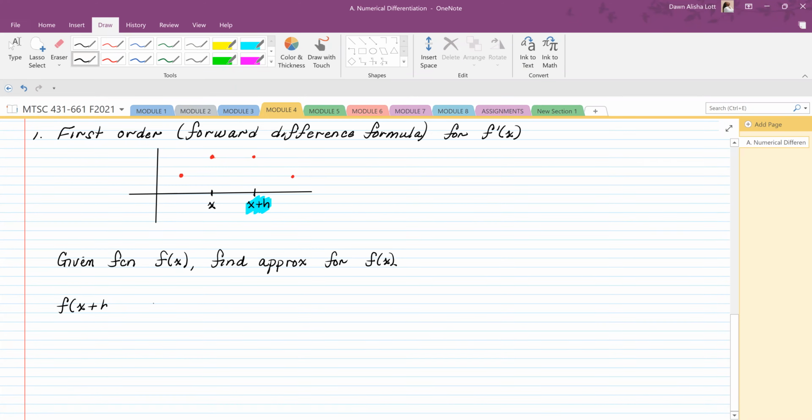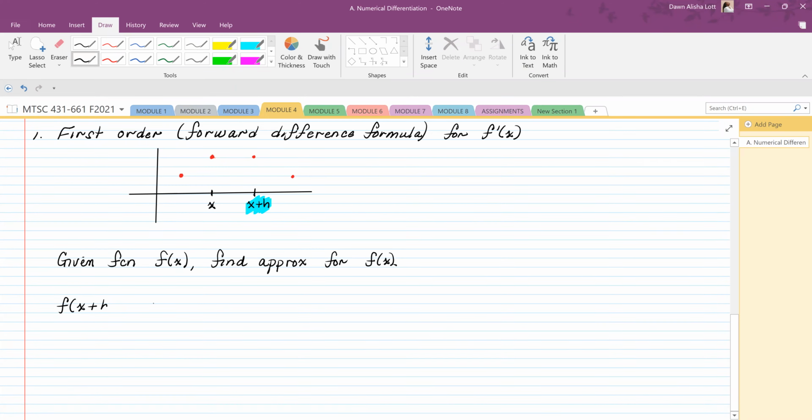So f prime at x times h is equal to f at x minus f at x minus h, plus f double prime at x times h squared over 2 factorial, minus f triple prime at x h cubed over 3 factorial, plus dot dot dot.